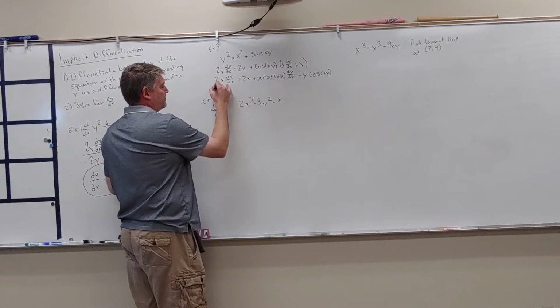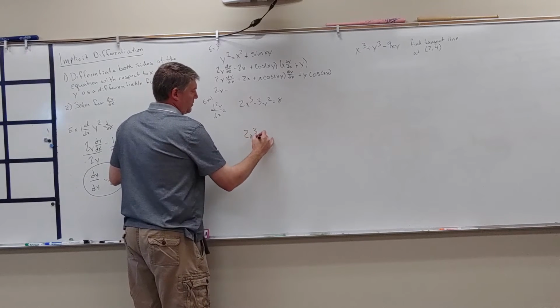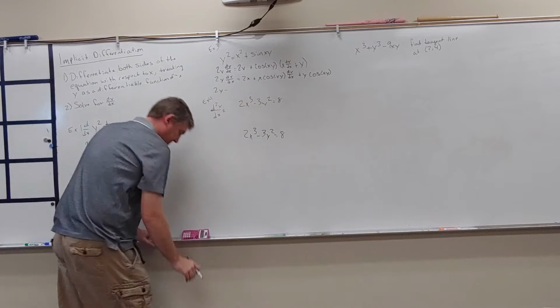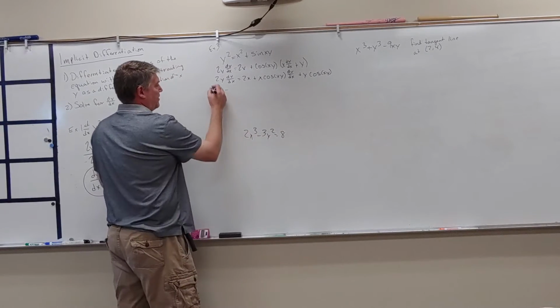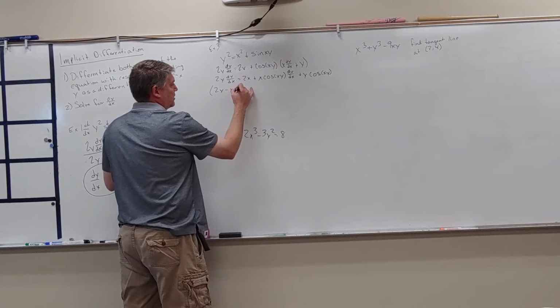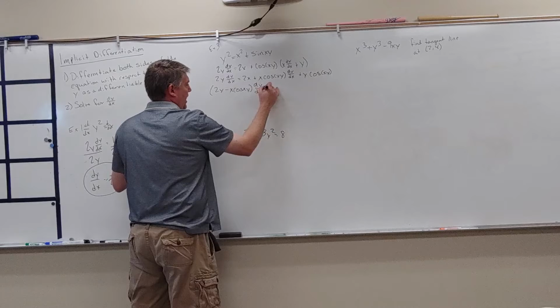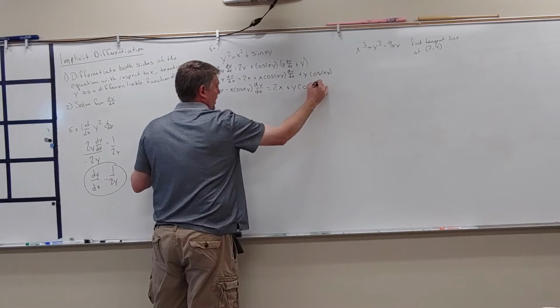So now I have 2y minus x cosine of xy, times dy/dx, equals 2x plus y cosine of xy.